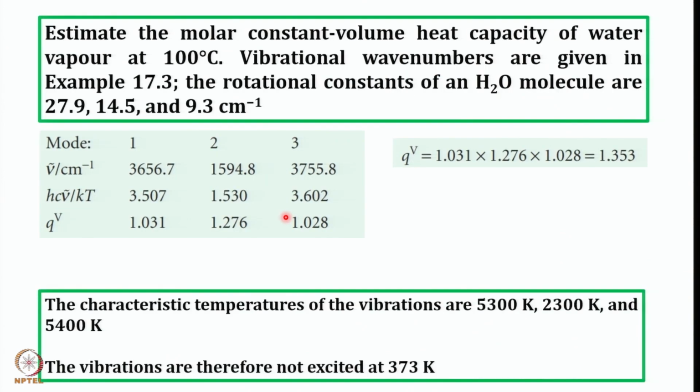Okay. So, what we have is C_V,m equal to 1 by 2 into 3 plus nu_R star plus 2 nu_V star, multiplied by R. So, this is the constant volume heat capacity per mole.